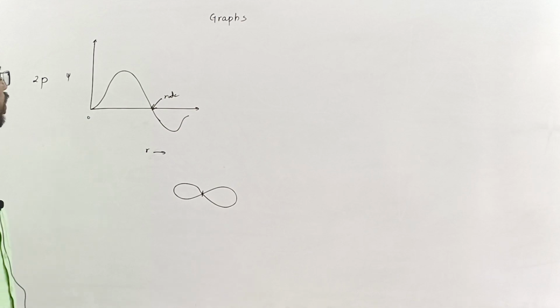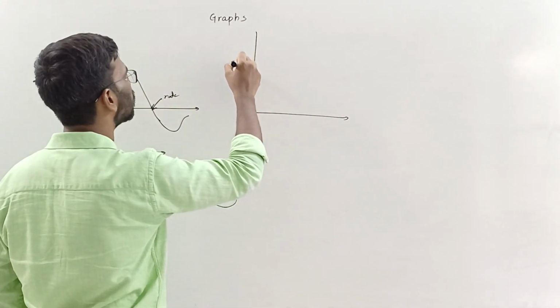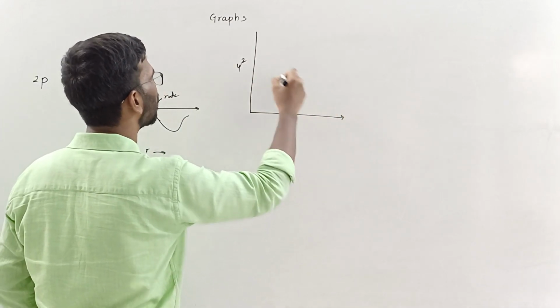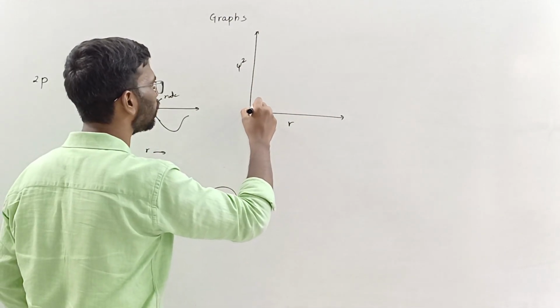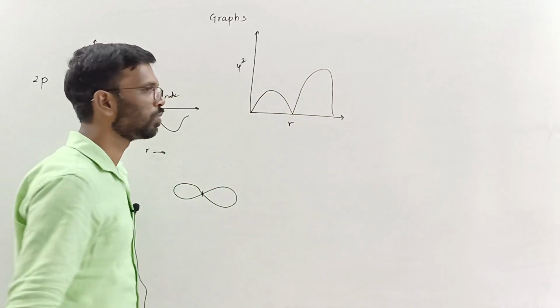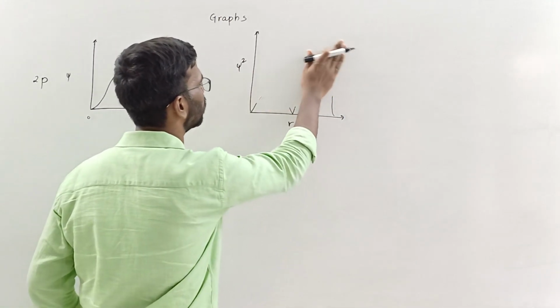Then what about psi square versus r? The graph would be this way. This would be the graph for psi square versus r. Sorry, I have shown this opposite, not this way.